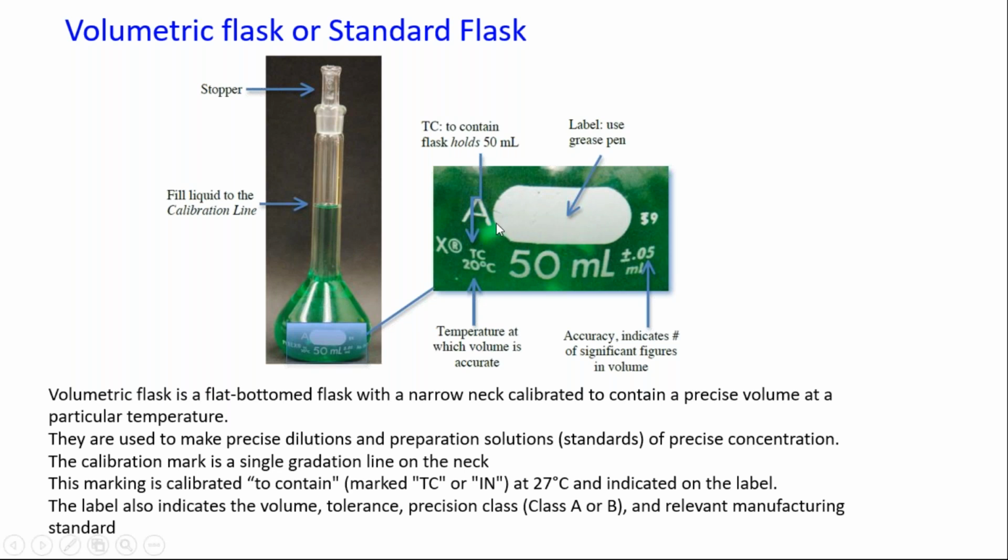And this white portion is for writing the label on it, because you generally are not expected to put a sticker on it. So TC indicates that it is to contain, a volumetric flask. Okay, this should have been 20 degrees.